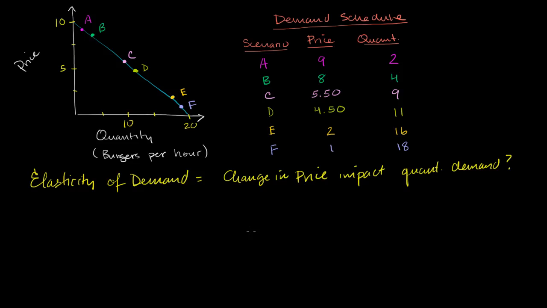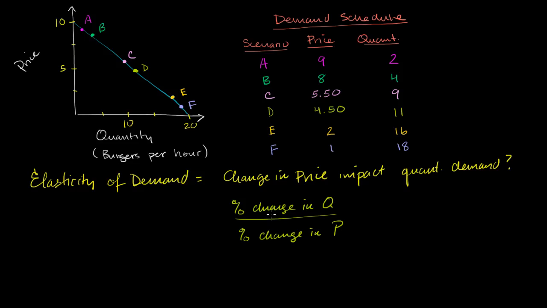The way that economists measure this is as the percent change in quantity over the percent change in price.